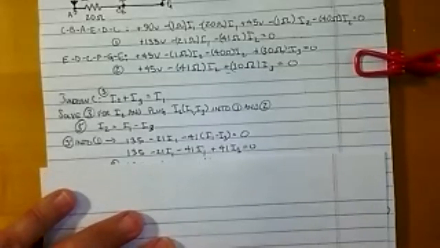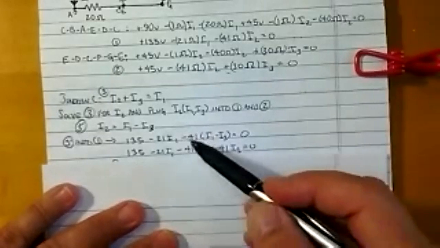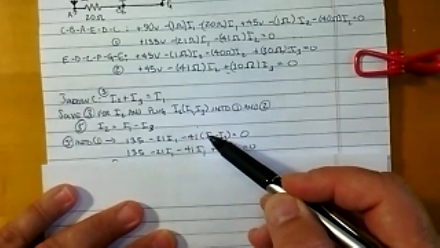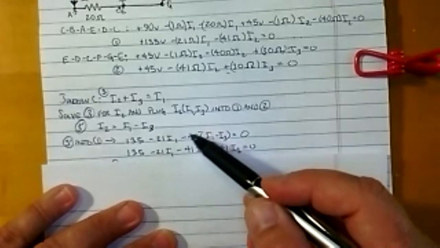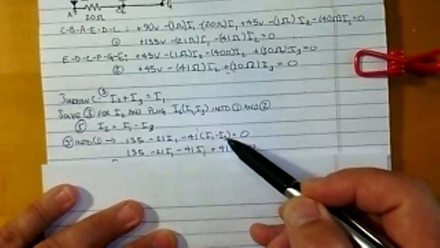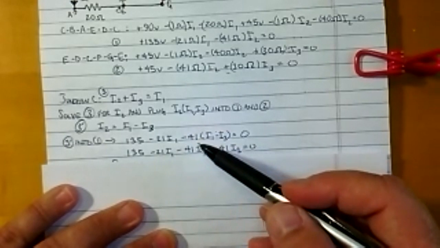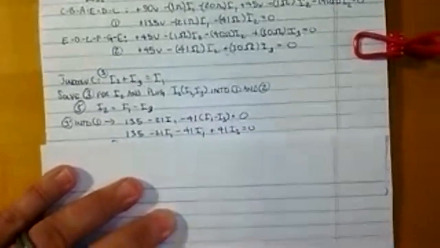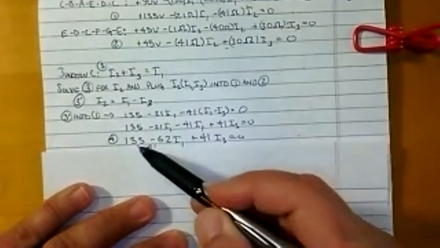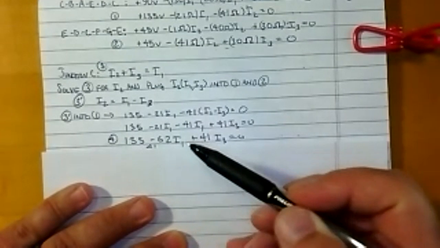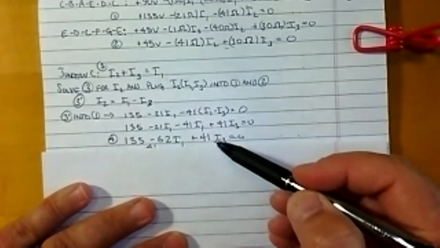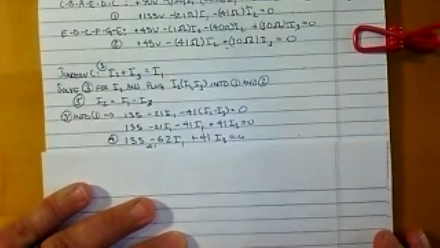Again, I can combine like terms. So distributing the minus 41 through here, I get minus 41 I1, and then I get plus 41 I3. So the minus 21 and the minus 41 gives me minus 62. So I now have what I'm calling equation 4, 135 minus 62 I1 plus 41 I3 equals 0.